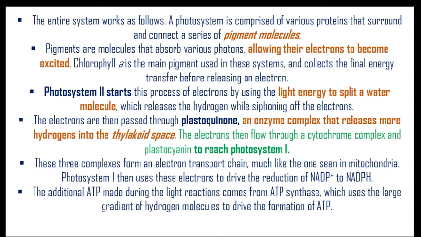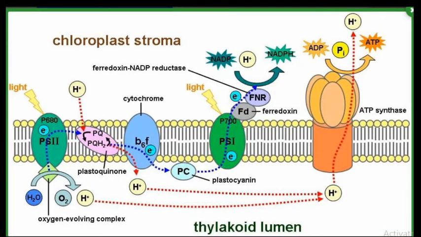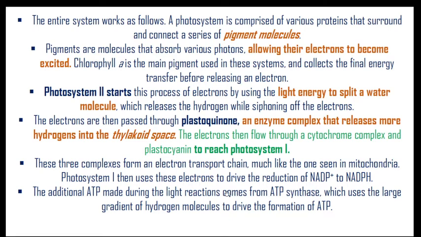So what happens at photosystem second, which is the first phase? Photosystem second starts this process of electrons by using light energy to split a water molecule. Here the light energy means the absorbed light. That light can split a water molecule into O2 and H positive ion, which releases the hydrogen while siphoning off the electron.